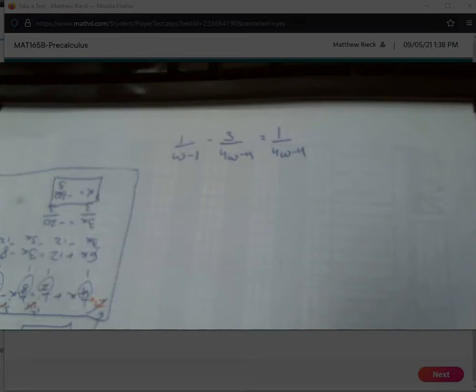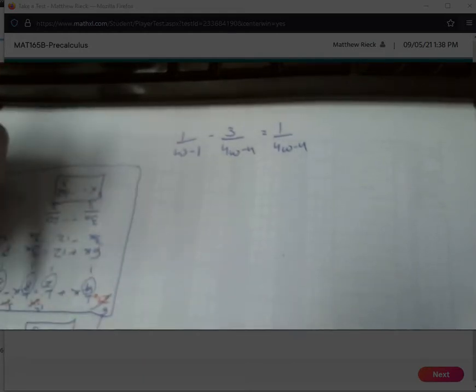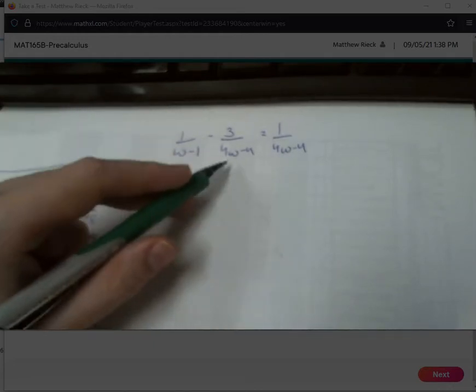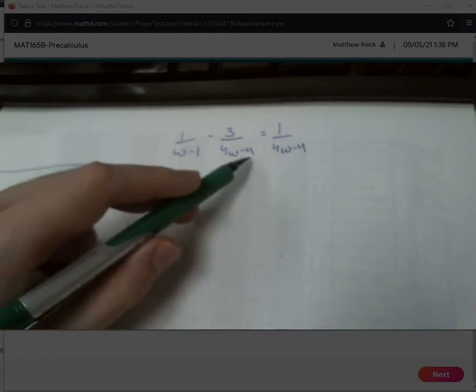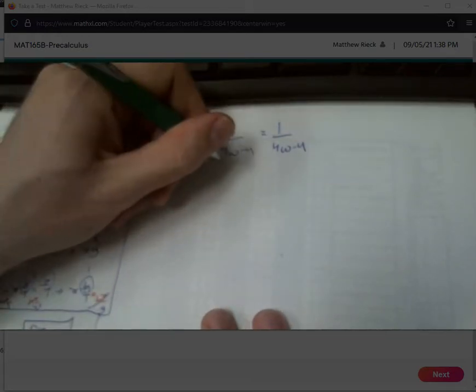In this case, we're going to factor all my denominators. Before, we didn't have to worry about the different factors, so we had an easy way to find the least common denominator. When you have variables in your denominators, it's a little more complicated.